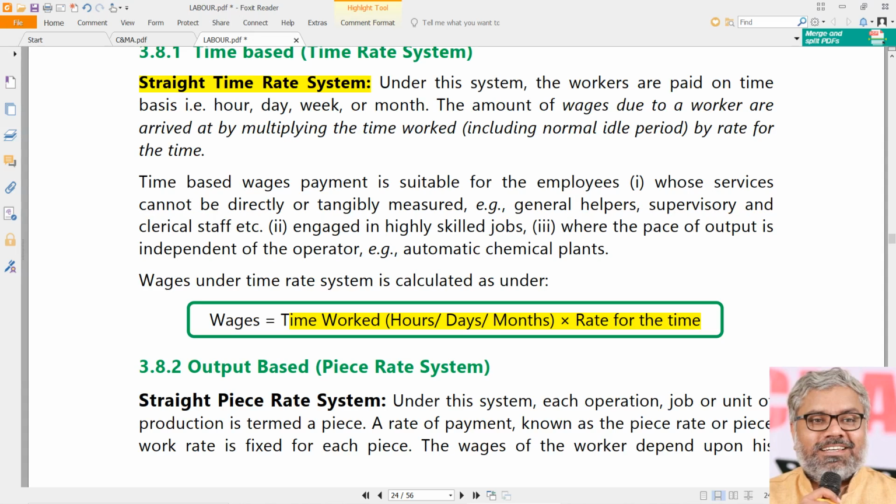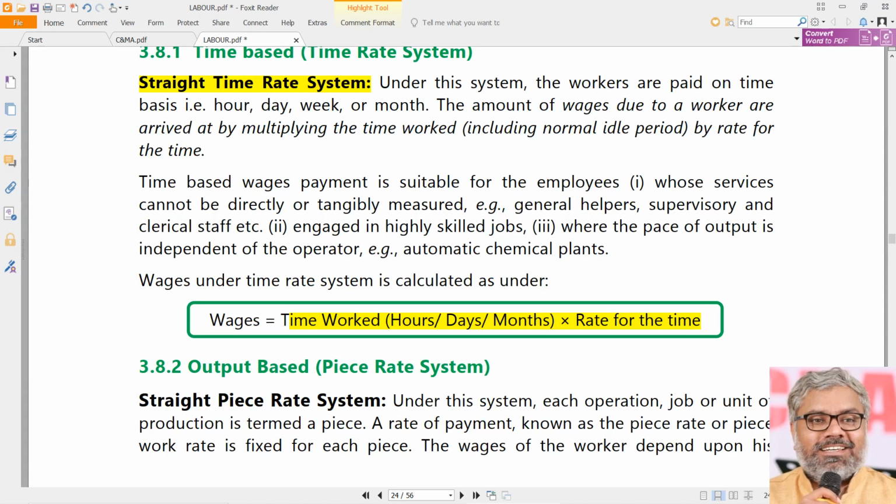Like that, teaching is another commonly highly paid job in the Western world where hourly payments will be made. So highly skilled jobs will have this time rate system also, not necessarily the lowest possible job. Even highly skilled jobs also will be paid on the basis of time rate system.